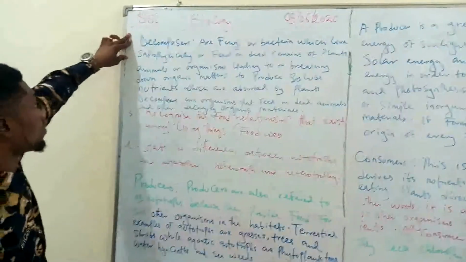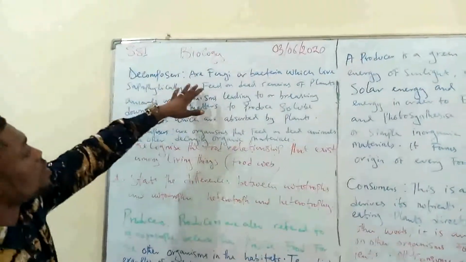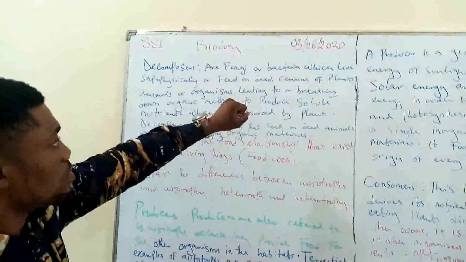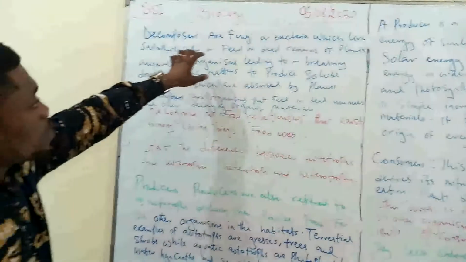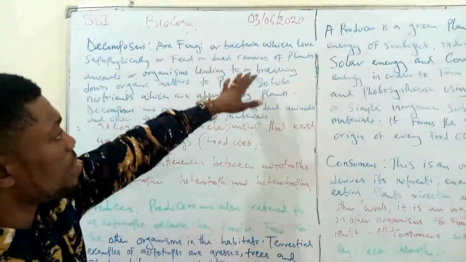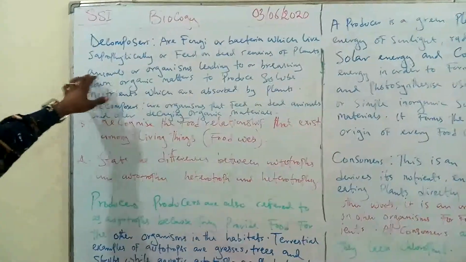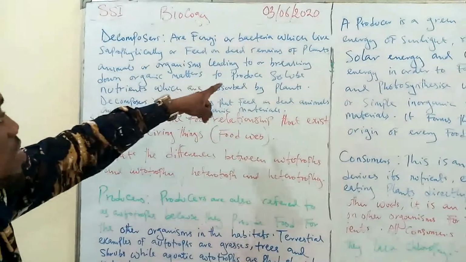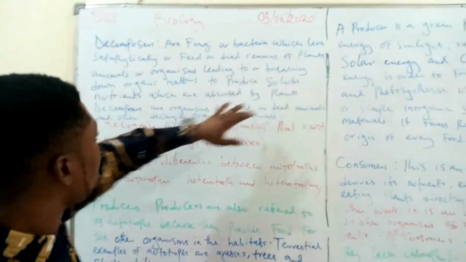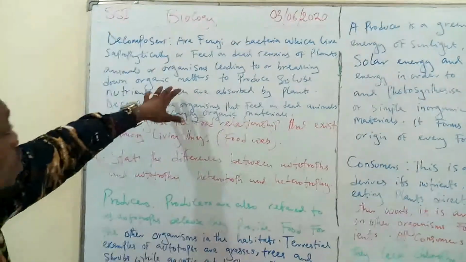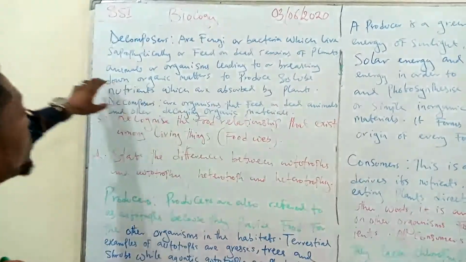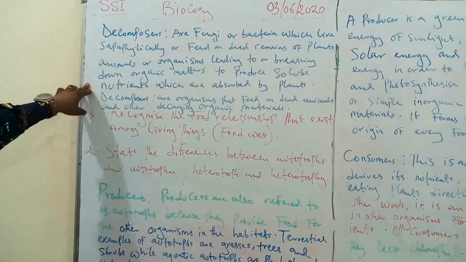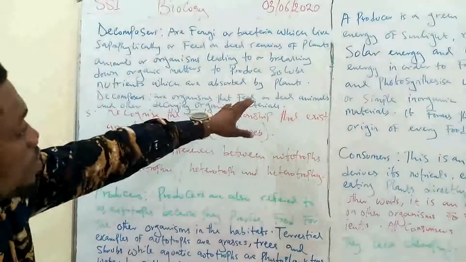Let's look at what a decomposer is all about. Decomposers are fungi or bacteria which live saprophytically, or feed on dead remains of plants, animals, or organisms, breaking down organic matter to produce soluble nutrients which are absorbed by plants.